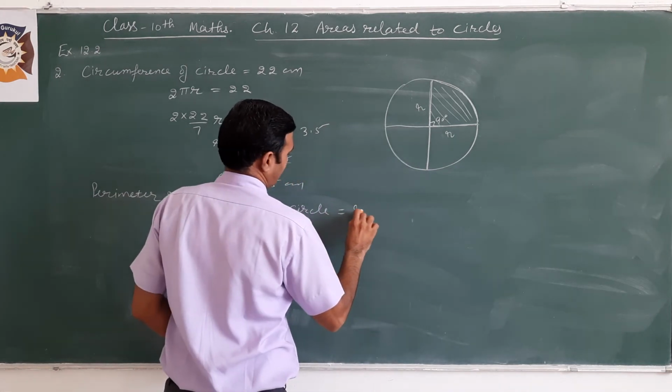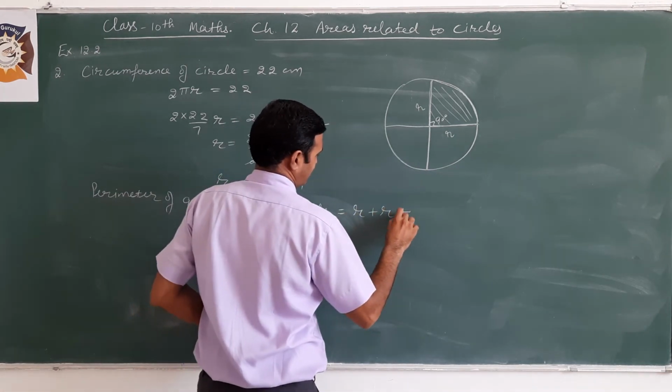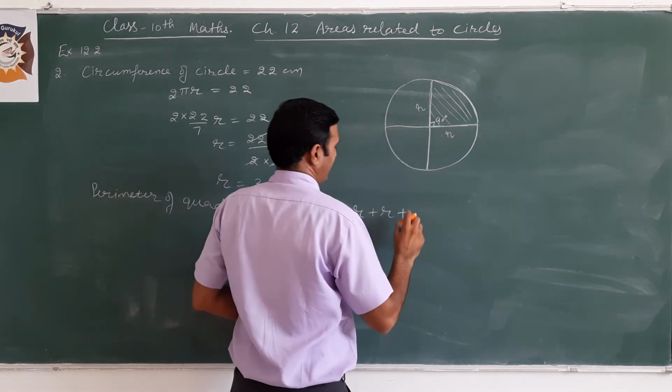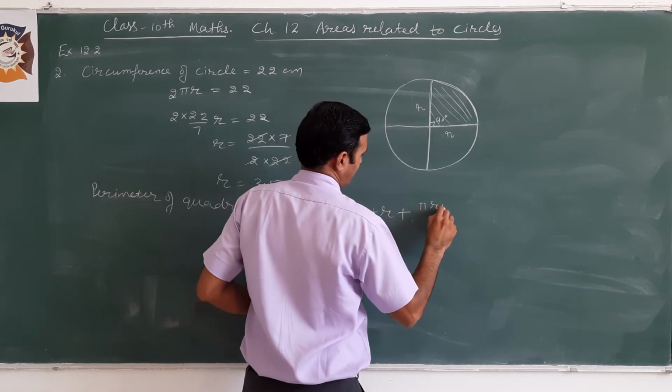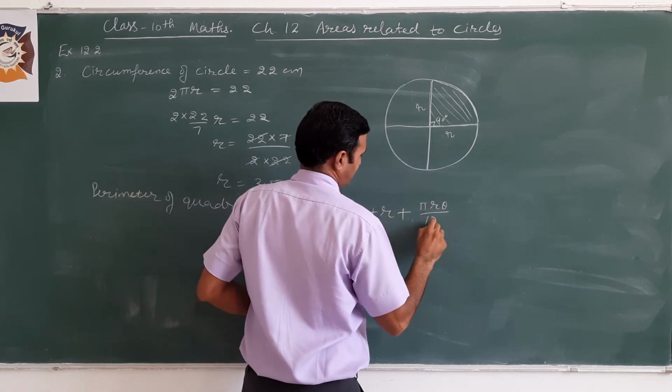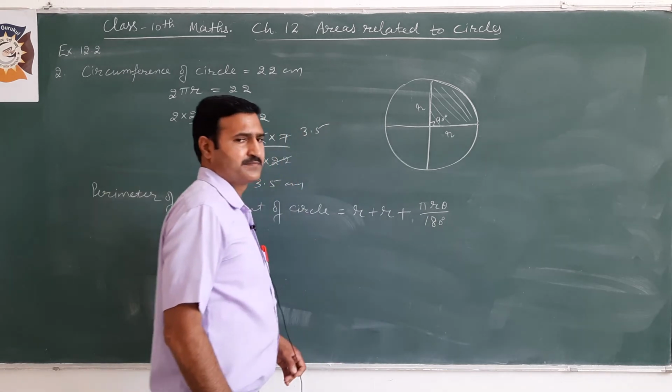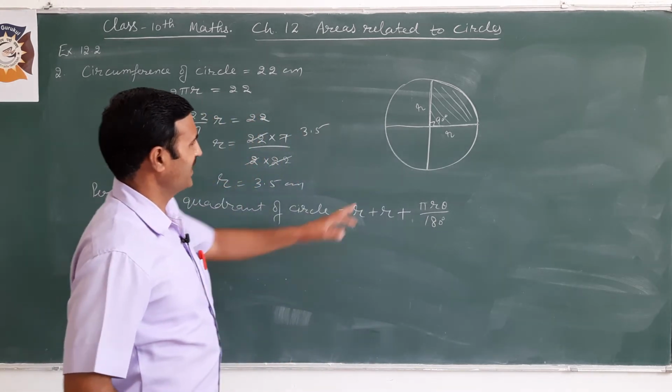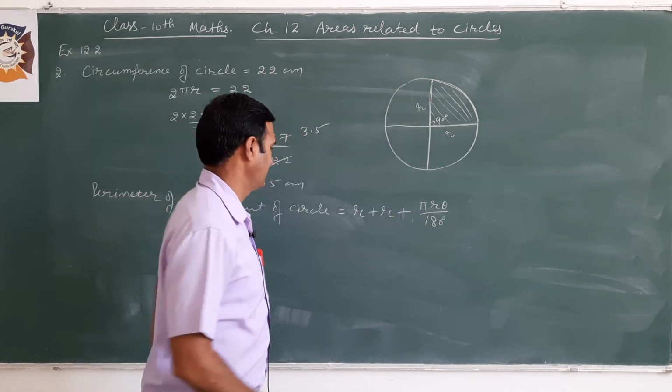So that is r plus r plus pi r theta upon 180 degree, so 2 radii plus arc.